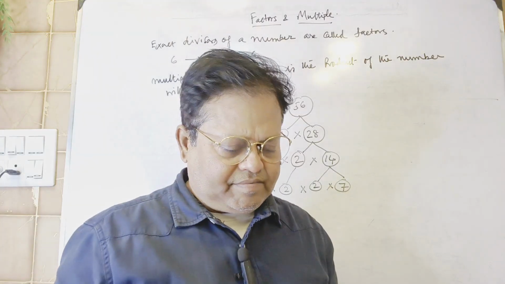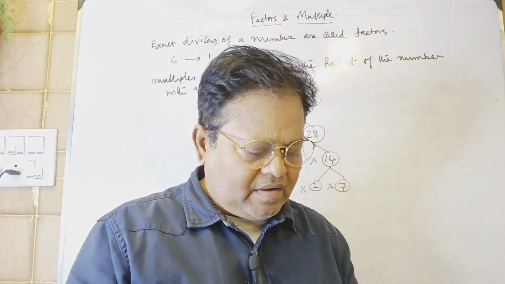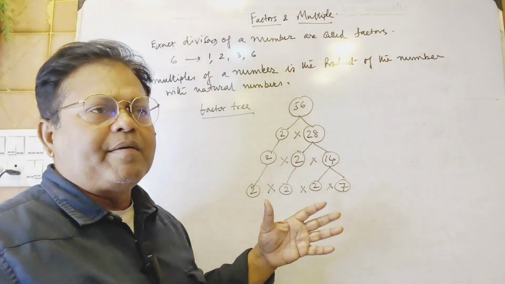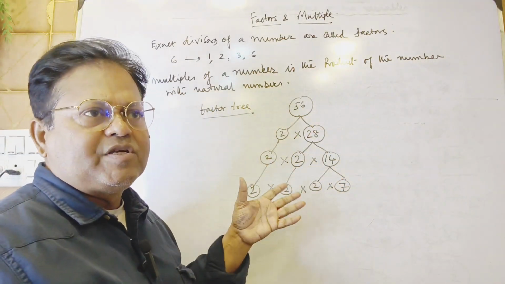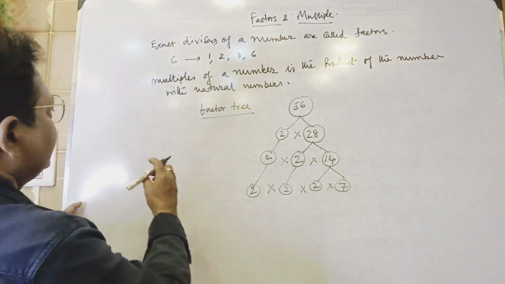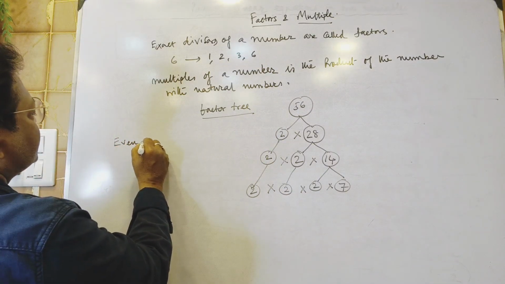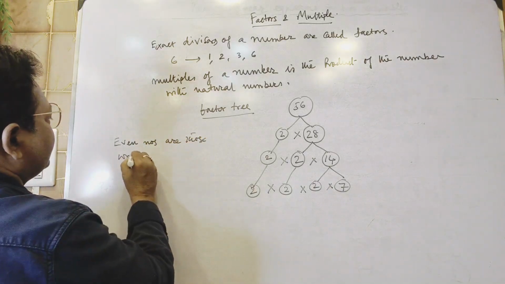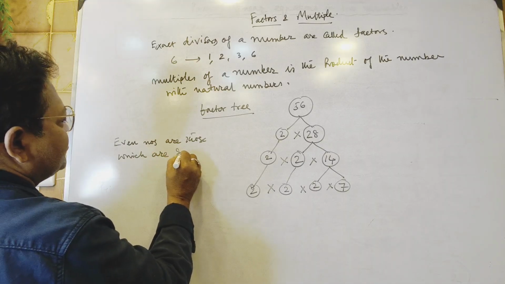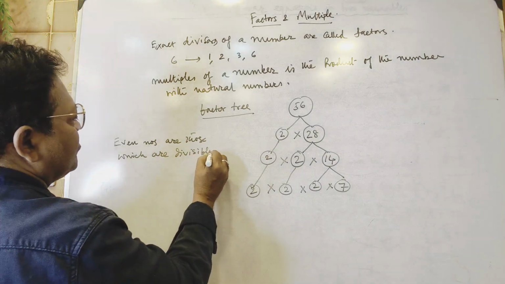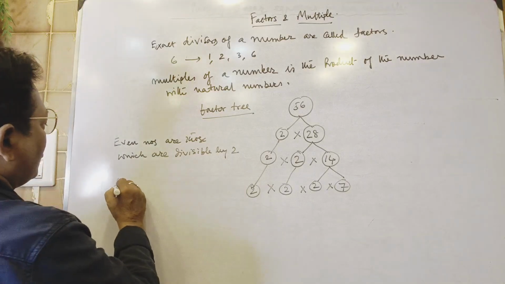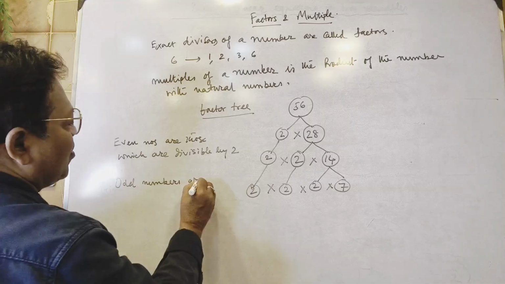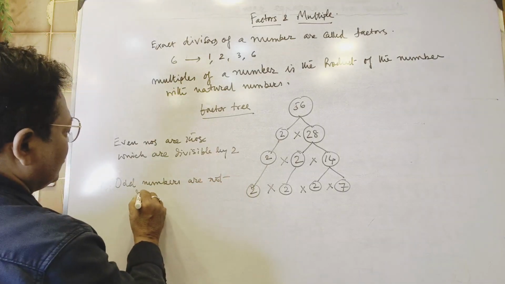Now, you will get an idea about what are prime numbers, co-prime numbers, prime triplets, then even numbers and odd numbers. You know, even numbers are those which are divisible by 2, and odd numbers are not divisible by 2.